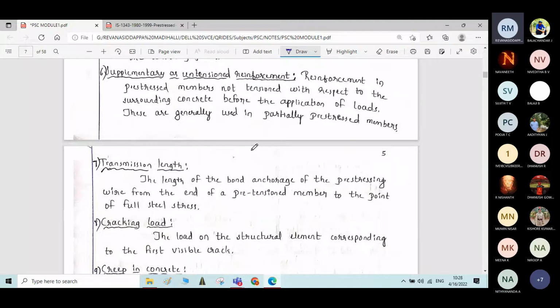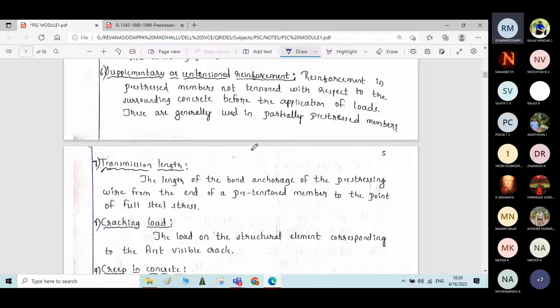Then supplementary or untensioned reinforcement. There are a few structural elements which are not fully pre-stressed and not fully RCC elements. Part of the structural element will be pre-stressed, and along with that some reinforcing bars will also be placed into the members. The combination of both results in a partially pre-stressed concrete element, which means a combination of PSC and RCC.